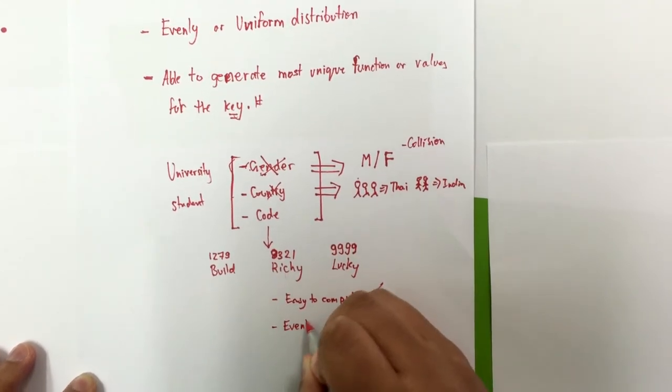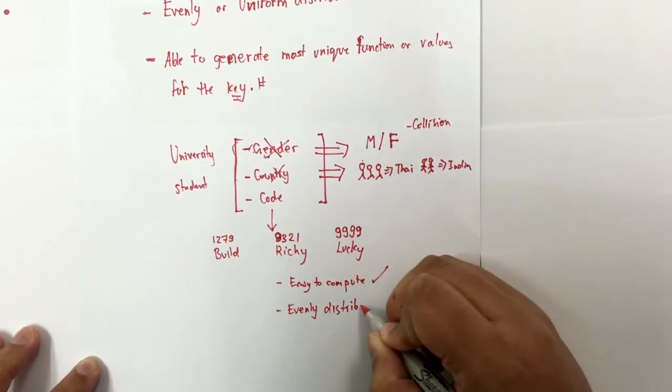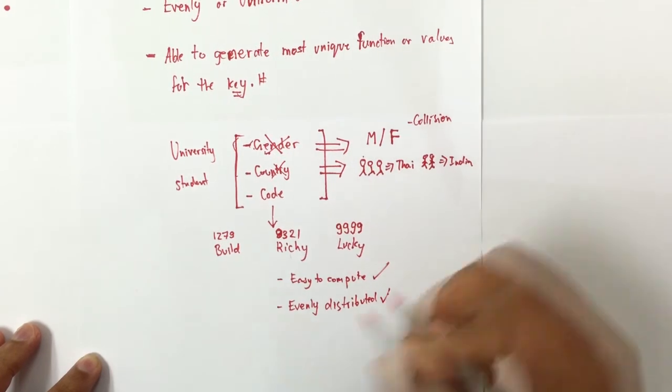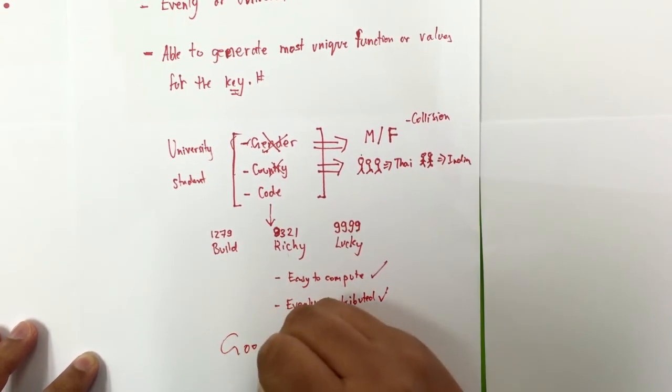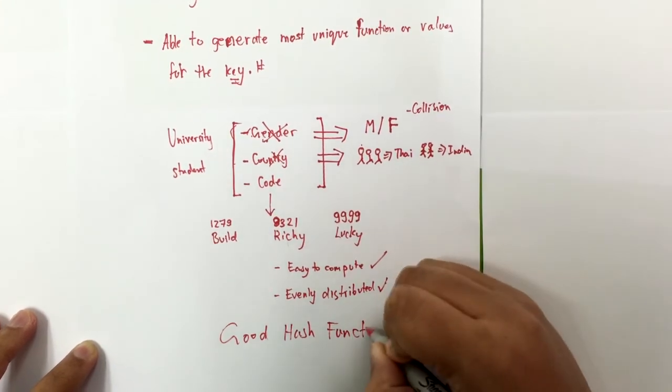So as you can see, it's easy to compute, it's evenly distributed, and each value generates a unique code for the key.